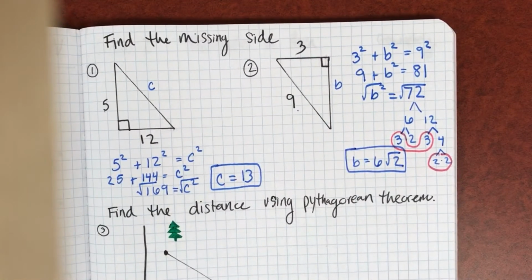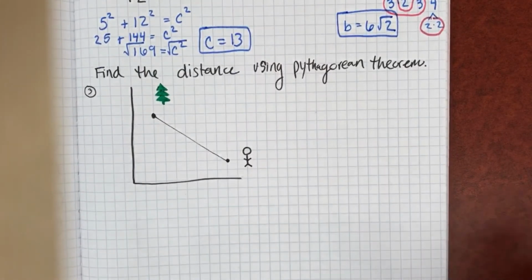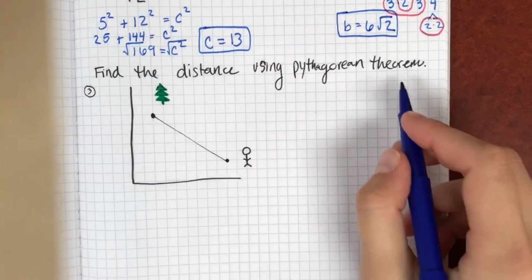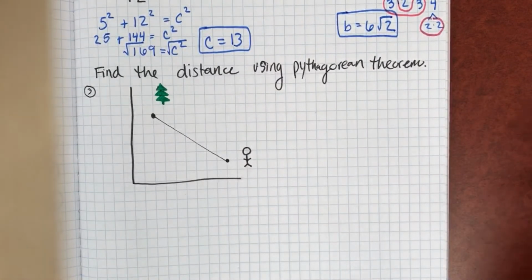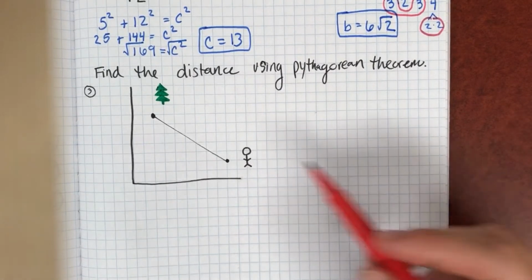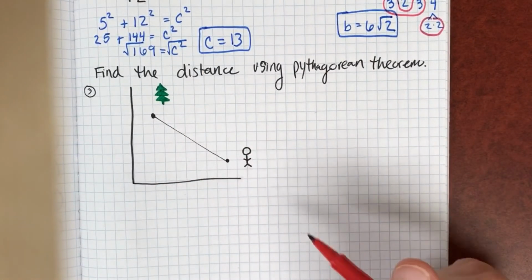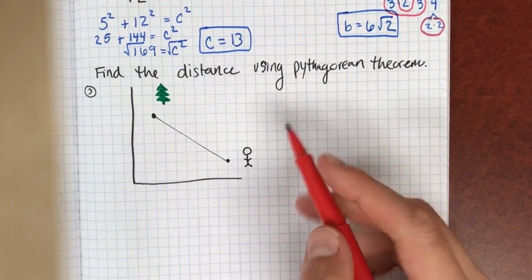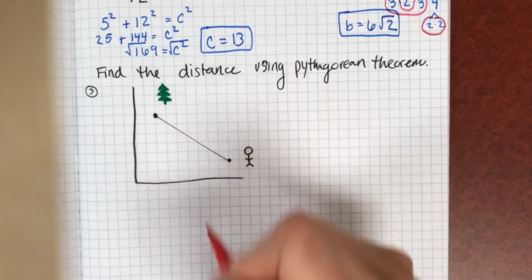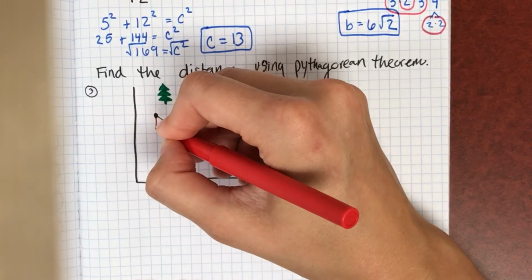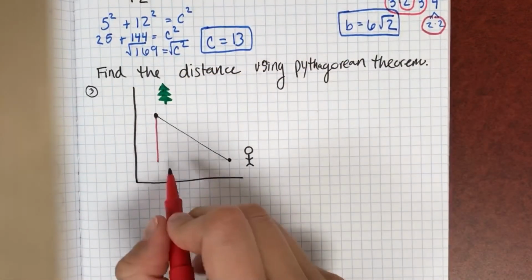All right, and our last problem is using the distance formula, or find the distance using Pythagorean Theorem, which the distance formula is just the Pythagorean Theorem rearranged, okay? So first, all we have is a tree and a person. We want to find that distance. Well, it'd be kind of hard to estimate just counting, but we could count like this.